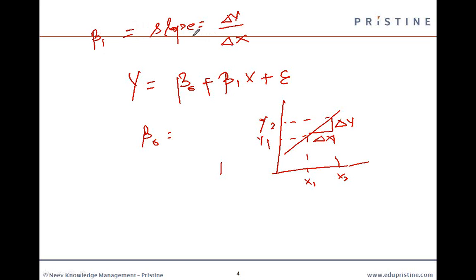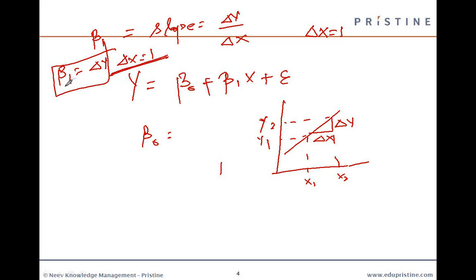How do you economically interpret it? Let's say your y is nothing but the marks that you get on the exam, and let's say x is your independent variable, which is hours of study. So beta 1 is nothing but delta y by delta x. If I keep delta x equal to 1, what happens to this equation? Beta 1 equal to delta y when delta x equal to 1, right?